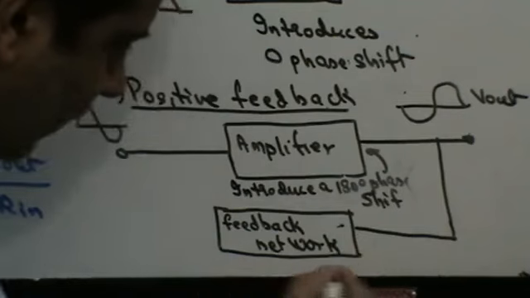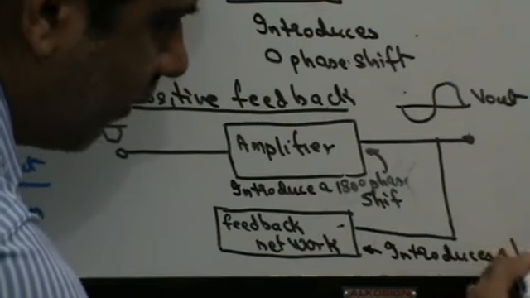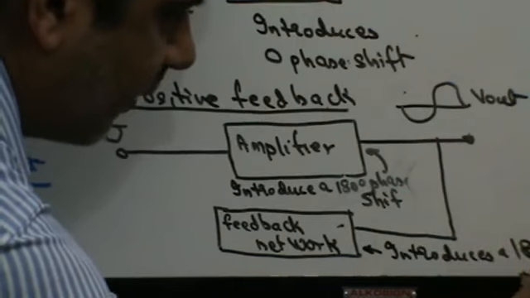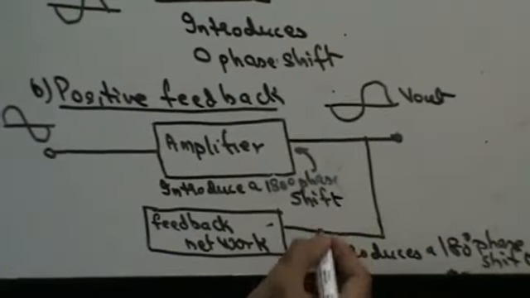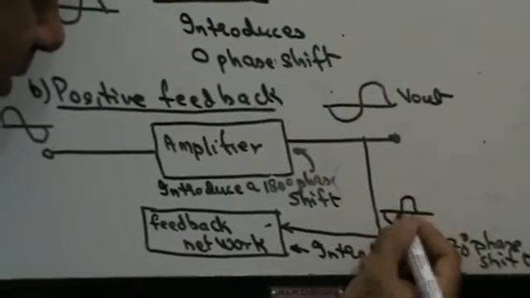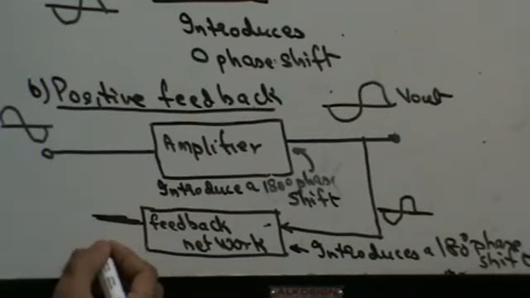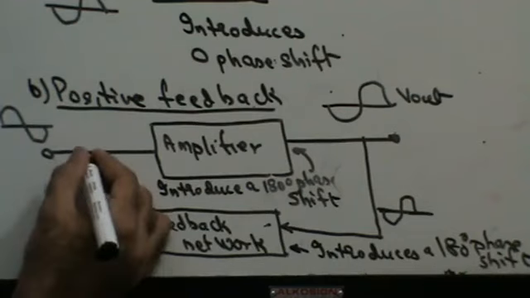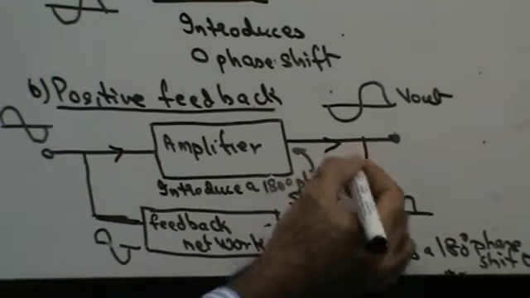So my input signal that will go to the feedback network is going to be this way. The output signal from the feedback network is going to be this way. Hence, this will be the feedback that will be given to the amplifier. This is how your circuit is going to work.